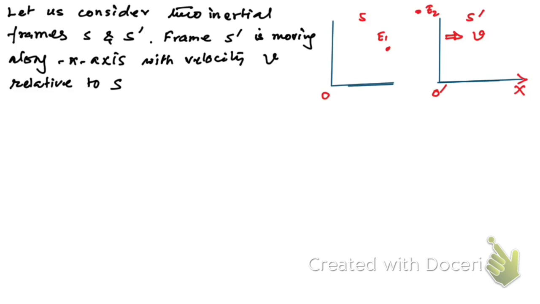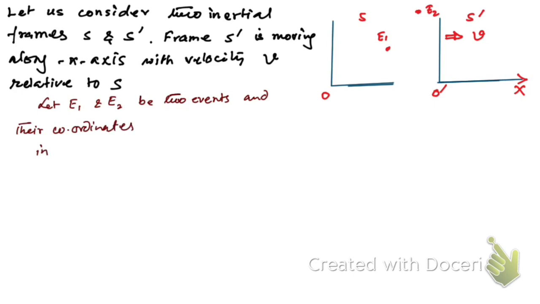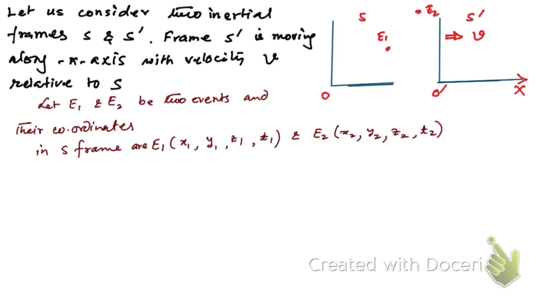Let us consider two events. Let E1 and E2 be two events, and their coordinates in the S frame are: the coordinates of E1 are x1, y1, z1 and t1 in S frame, and the coordinates of E2 are x2, y2, z2, t2 respectively.